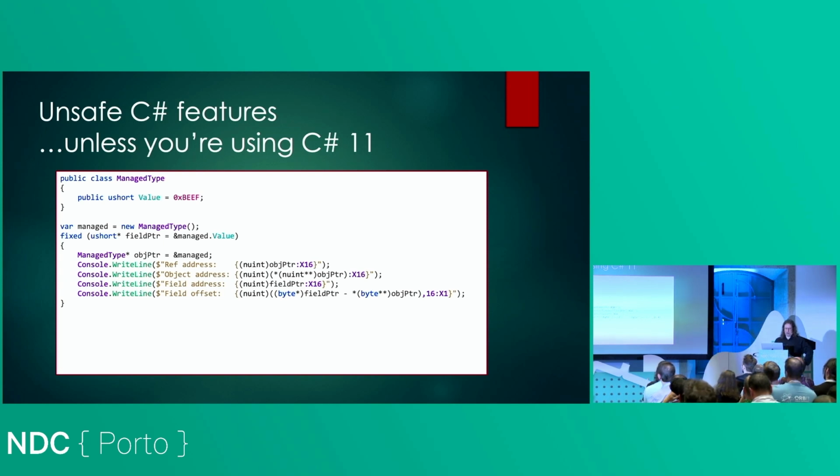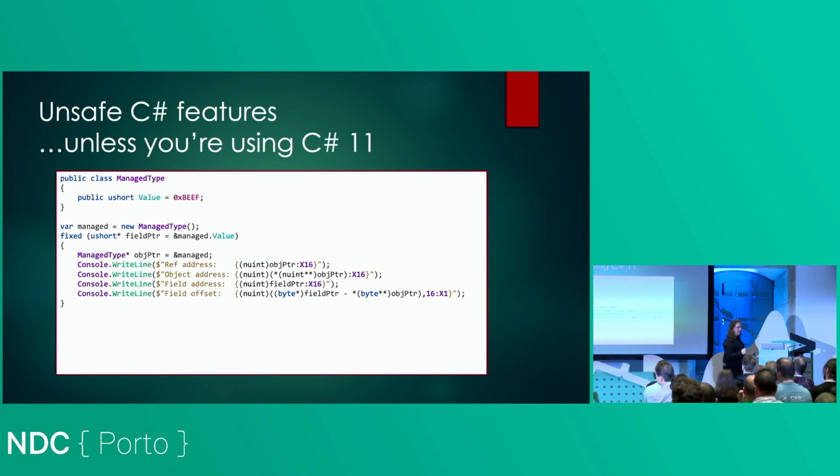In order to demonstrate this, and quite frankly, since it was new also just to try it out myself, I created my little example here. So I have a managed type. It has a single ushort field. I initialize it with beef because that joke has never been done before. So I new up an instance of this. So I got managed, an object reference to an instance of managed type.